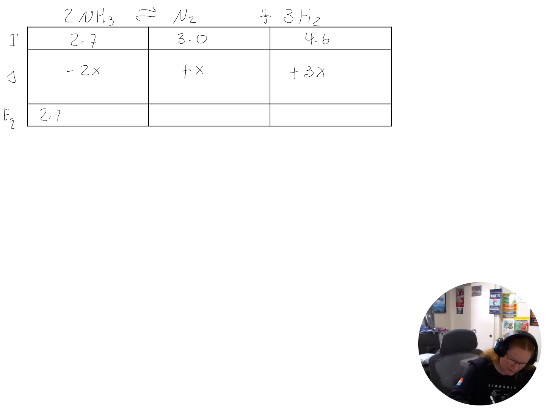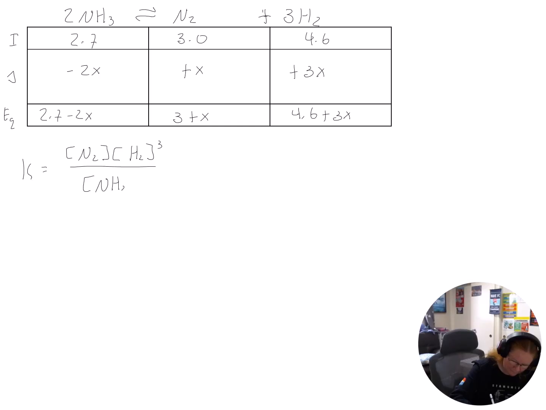So 2.7 minus 2x, 3 plus x, 4.6 plus 3x. We get something super insane, all right? Our equilibrium constant expression is the nitrogen, the hydrogen raised to the third power, and the ammonia raised to the second power.